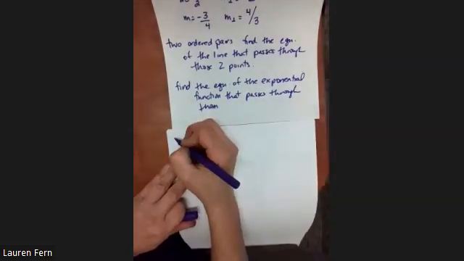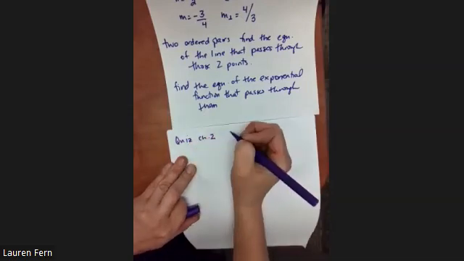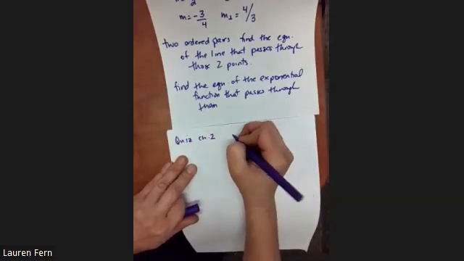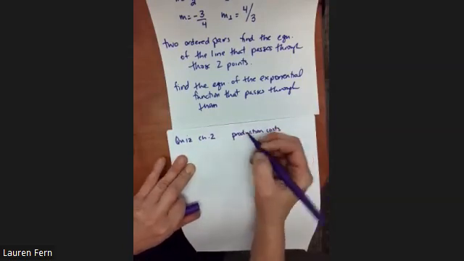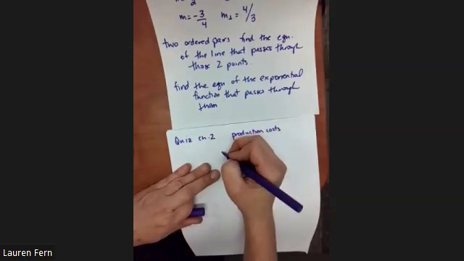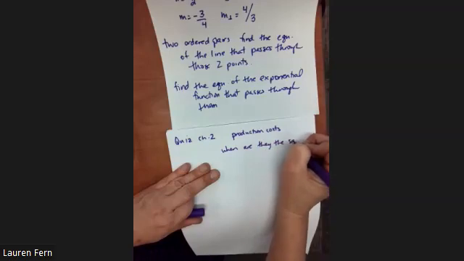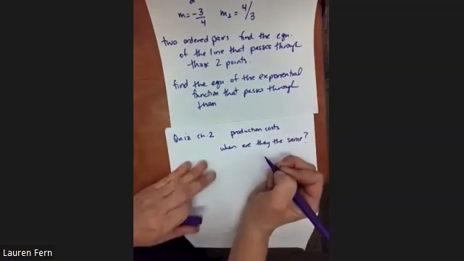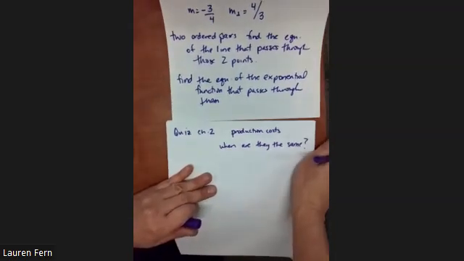All right, there was a question on your quiz from chapter 2 on the production costs. And specifically, I ask, when are they the same? You're going to want to look at that question. If you don't have your chapter 2 quiz, don't worry, I've got the solutions to it posted on our class Moodle page.